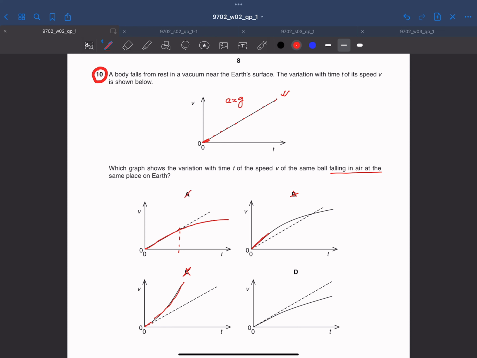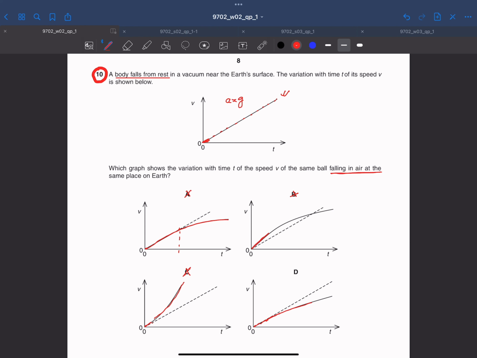So the only possible situation is this: the body falls from rest, not in vacuum this time. Here you have the air. So what will happen? Of course, the initial velocity will be the same as before, but very soon the rate of velocity increase decreases.